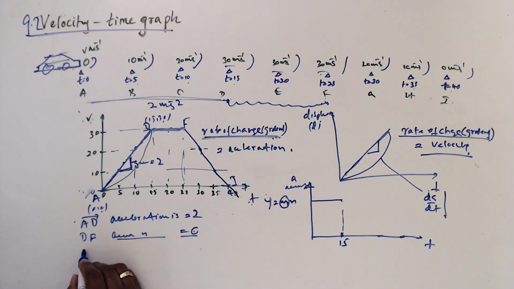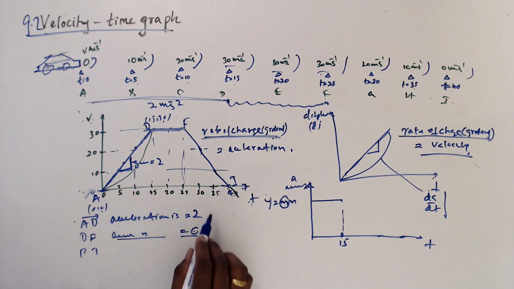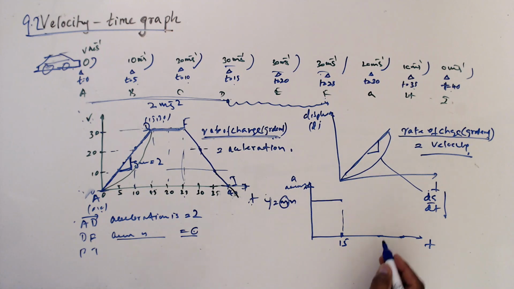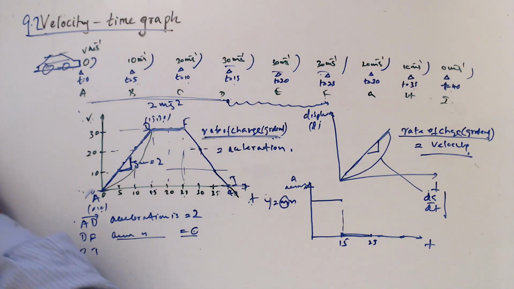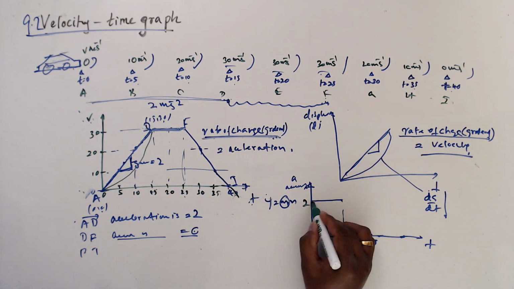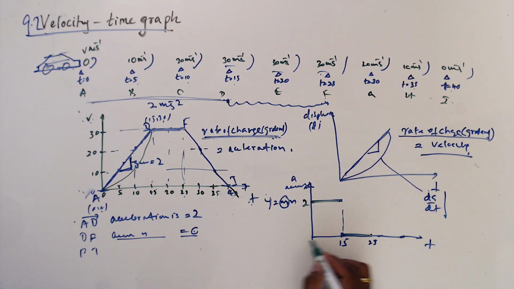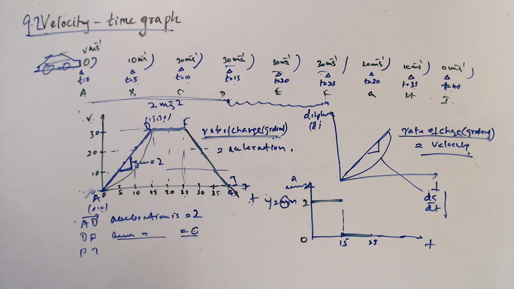Then F to I journey. So 15 to 25, 15, 20, 25. This is the graph. Acceleration is 0. This is 2 and then 0 and then the deceleration.